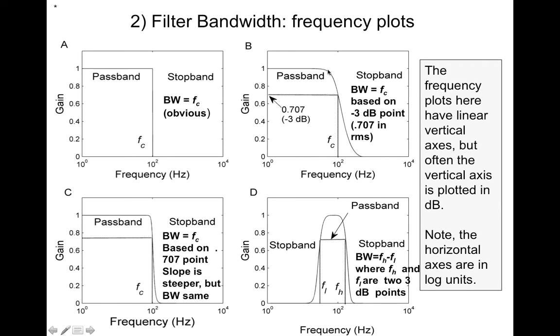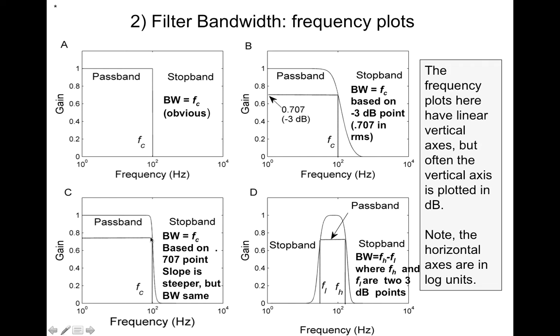So when you have this kind of non-ideal shape, you take this 0.707 and project that out to where it intersects this attenuation slope, and that by definition is considered to be your bandwidth. So the passband then in this case would be to the 3 dB or 0.707 point, and the stop band would be above that. Here's another example where you have kind of a different shape in the attenuation curve, but notice the definition of where the 0.707 occurs is the same.